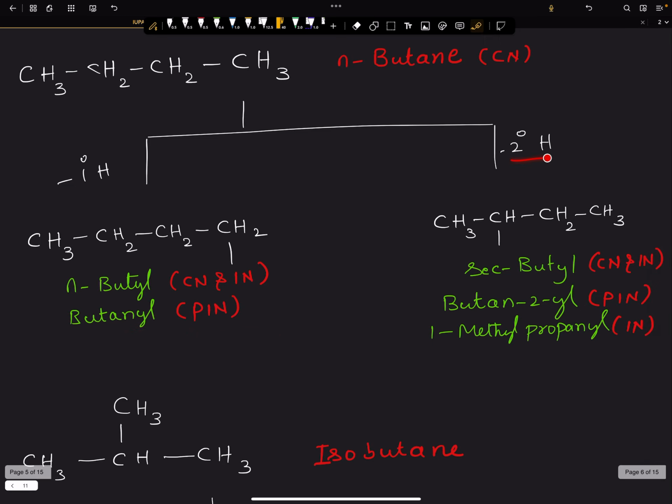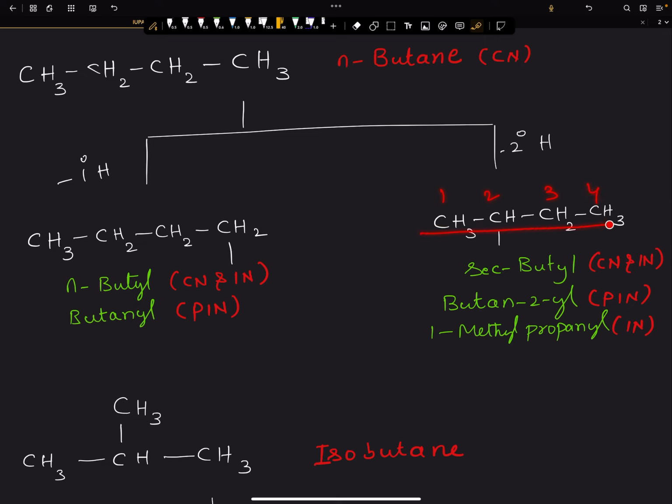When secondary hydrogen is removed, it gives CH3 CH CH2 CH3. Here, through this carbon, it is connected with another atom or group of atoms. This is called the secondary butyl group, which is the common name as well as IUPAC name. This is also called sec-butyl.